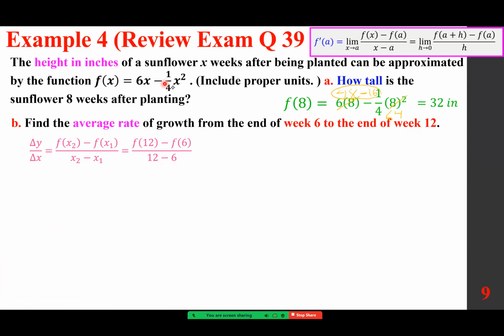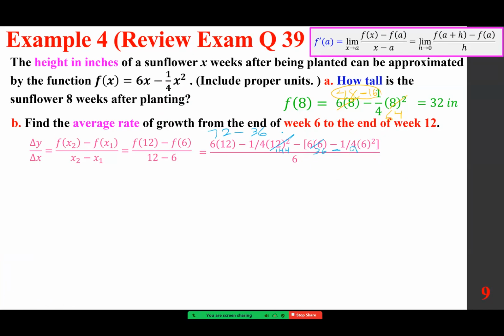So we're going to put 12 in here, minus we're going to put 6 in here. So 6 times 12 minus 1/4 times 12 squared, minus the brackets f of 6: 6 times 6 and then 1/4 of 6 squared. We're going to simplify this. This is 72. This is 144, and 1/4 of it is 36. 6 squared is 36, and 1/4 of it is 9.